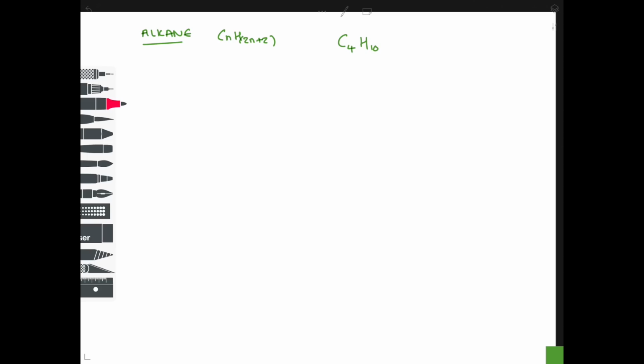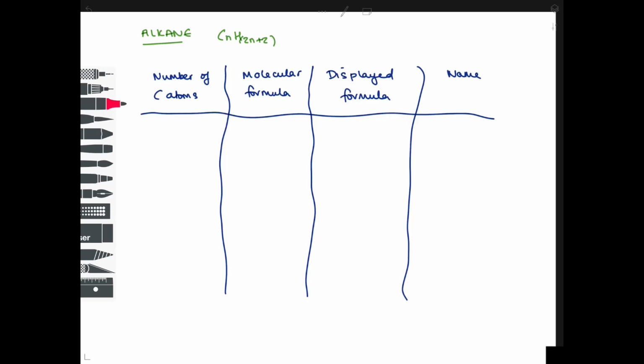To make it into an empirical formula, just cancel down those numbers. So it becomes C2H5, because you can obviously divide 4 and 10 both by 2. This is therefore the empirical formula because it shows the simplest ratio of atoms of each element present in a compound. And then just to notice, a displayed formula is when you draw out all the bonds, so something like that. So let's start by working out the first alkane.